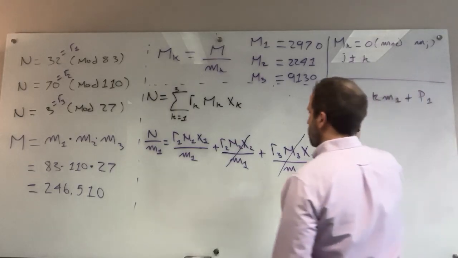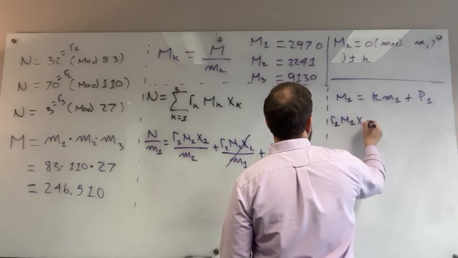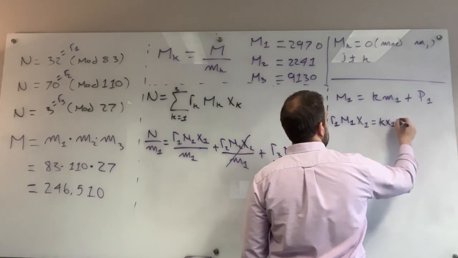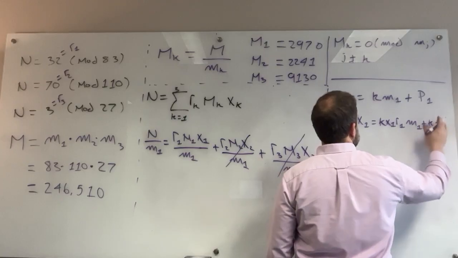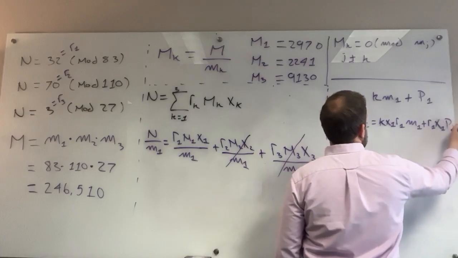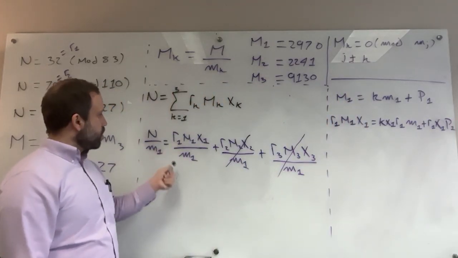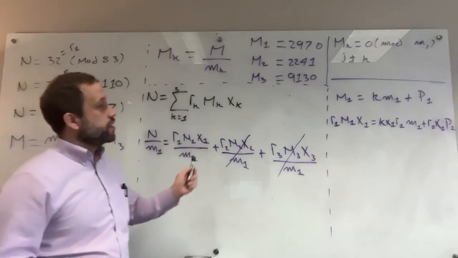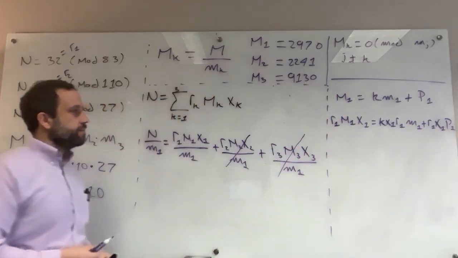Now, if I multiply both sides of this by r1 and x1, what I'm going to get over here is K times x1 r1 m1 plus r1 x1 p1. So in other words, what it tells me is that the remainder when I do this division is going to be a multiple of r1 x1 p1, or they're going to have the same congruence class.